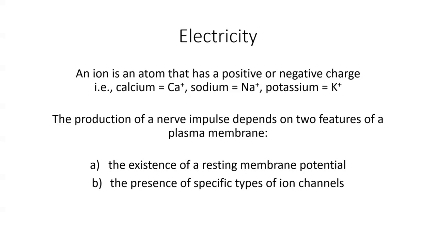The presence of specific ion channels within the membrane means that the ions can move either into or out of the cell, down their concentration or electrical gradient, which, remember, is that difference in the concentration or charge of one region to another. When ions move across the membrane, either into or out of the cell, they create a small electrical current.